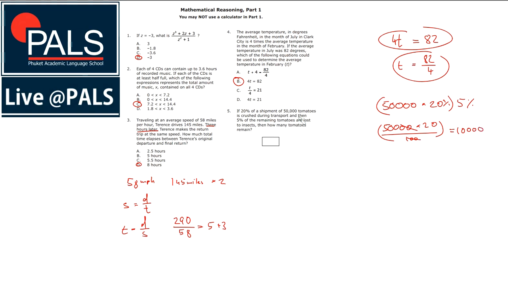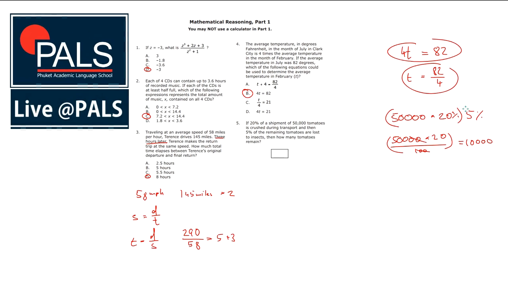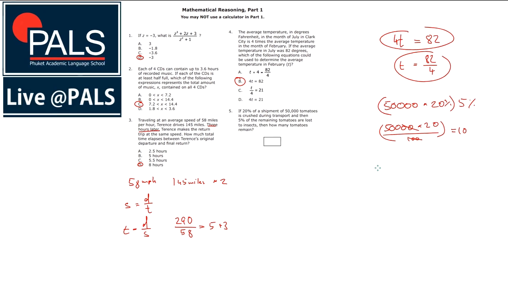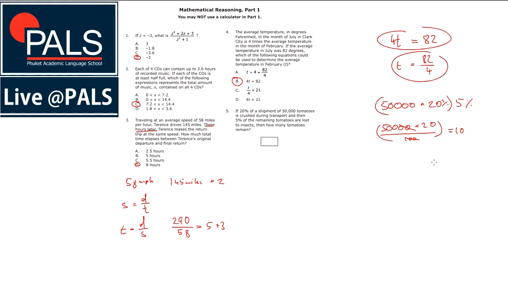If 20% of a shipment of 50,000 is crushed, okay, actually 5% of the remaining tomatoes. So that is actually not the correct equation here. So yeah, don't need to write this in a full equation. We do this step by step.